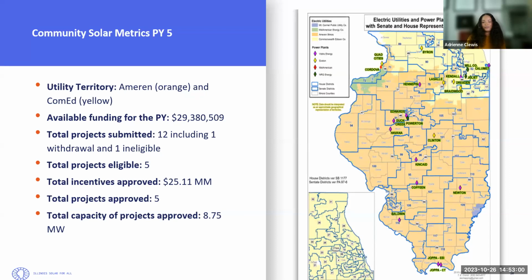And then after review, we had 5 eligible projects and 5 that were approved. Our total incentives that have been approved are to the amount of 25.11 mil, and total capacity for projects approved is 8.7 megawatts. I also want to note for this slide that we have a total of about 1,400 subscribers for our community solar program. Next slide.